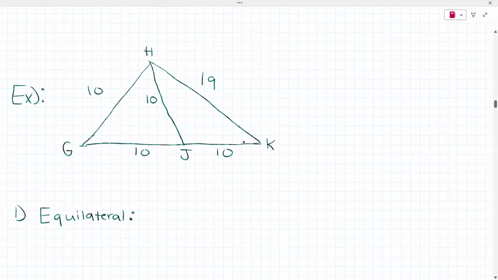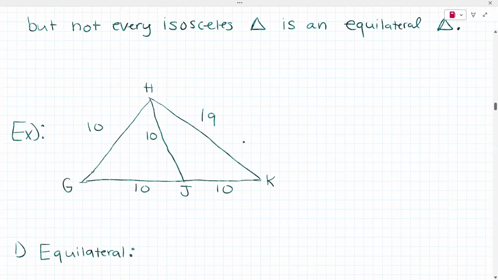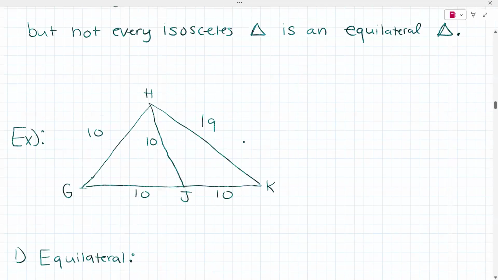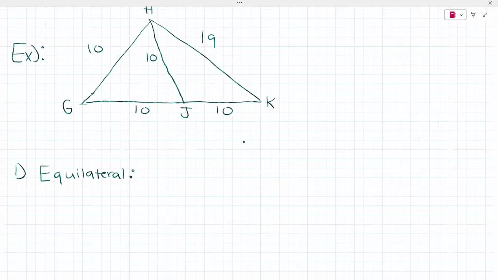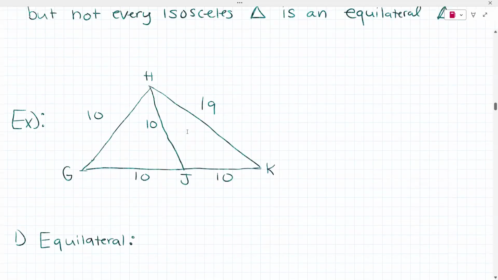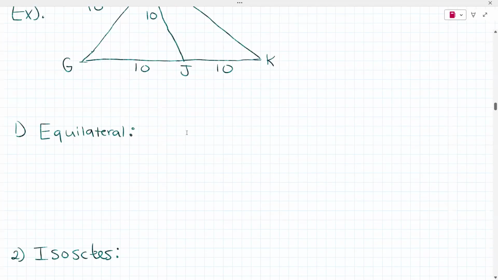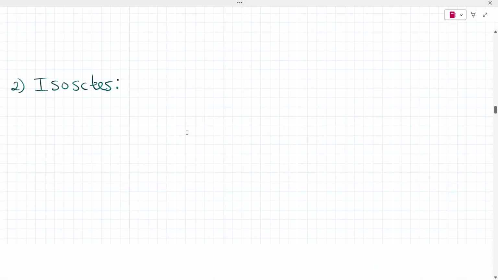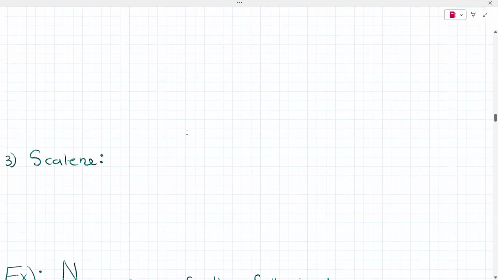On this example, we have this triangle, or we have like three triangles, right? Do you see three triangles? We have side lengths, no angles, and we have vertices. They want us to list a few things. From this image here, they want us to list the equilateral triangle, the isosceles triangle, and the scalene triangle.